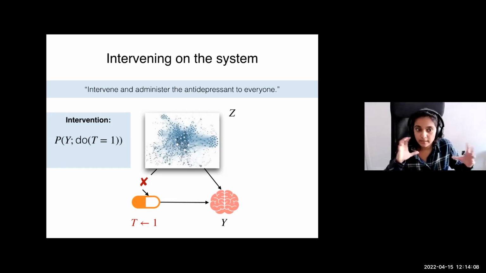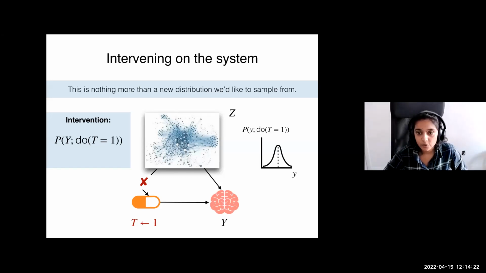Okay, so this fancy do notation does nothing more than just index a new distribution, one in which we've broken that arrow between Z and T, and we've set the value of T to a constant. Okay, so this is nothing more than a distribution, one that we'd like to sample from if we want to understand whether T causes Y. Okay, that's what's special about this distribution.